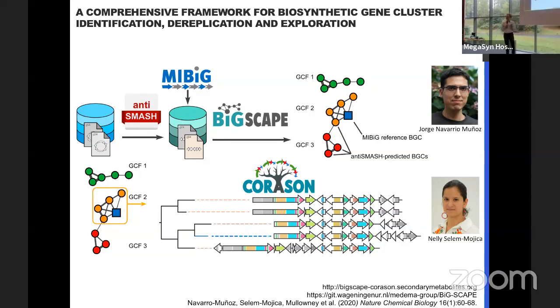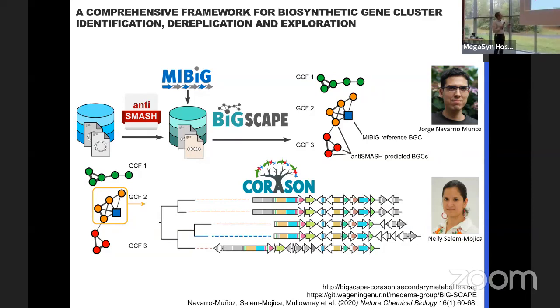Pairs of gene clusters that have similar domain architectures and similar sequences will be linked in the network, so that the nodes are gene clusters, and the edges that connect them indicate a high level of similarity between those gene clusters. And if you use this on a couple of hundreds or thousands of genomes, this allows you to get a bird's eye overview of the diversity that is beneath that.